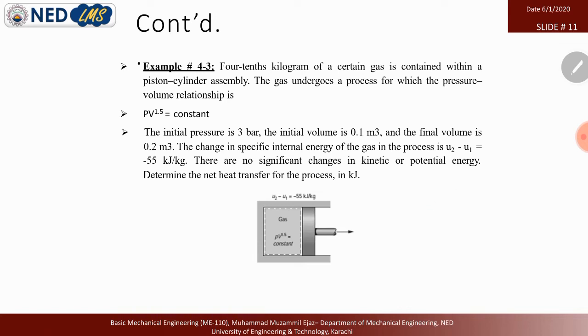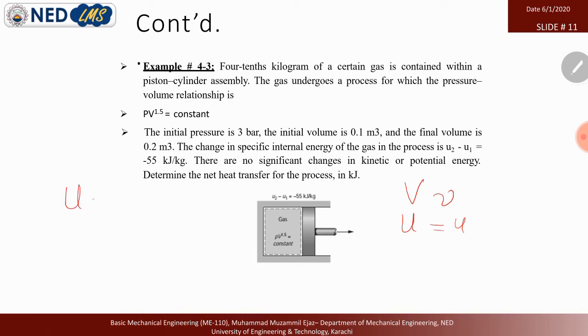It is simply dividing any property by the mass, so it becomes specific, like specific volume. The unit of volume is V, but the specific volume is small v. In the similar way, the internal energy is capital U, the unit is kilojoules, but the specific internal energy is small u, as shown over here.